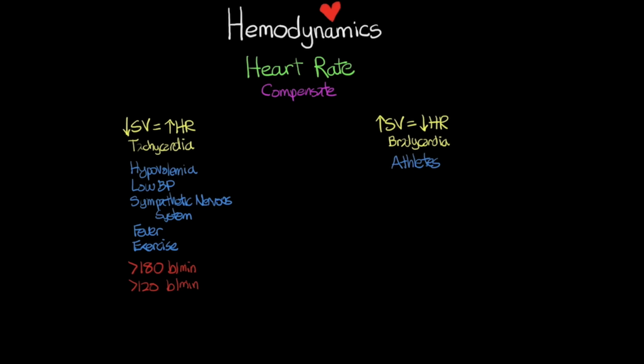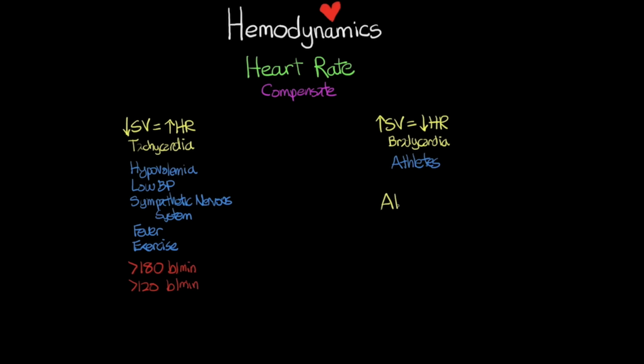If you think about these patients, they have very strong cardiac muscles, so they have a great stroke volume, and as a result, their heart rate is going to compensate and lower. And so a lot of times you'll see these patients with heart rates in the 40s and 50s, and they're totally fine.